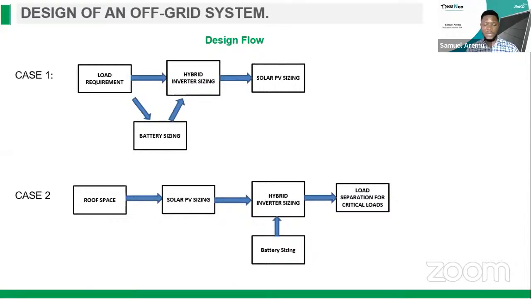Then you calculate how much PV this available space can occupy, and from there you move into sizing your hybrid inverter and your battery size. Since the solar panels installed on the available space may not meet all the load requirements, you have a load separation for critical loads and non-critical loads.